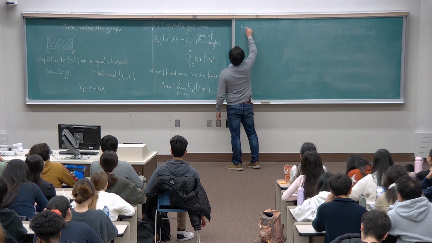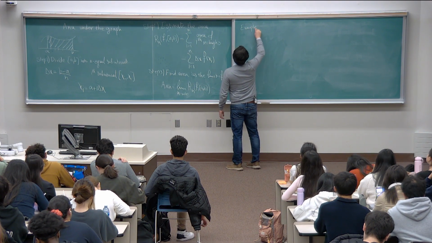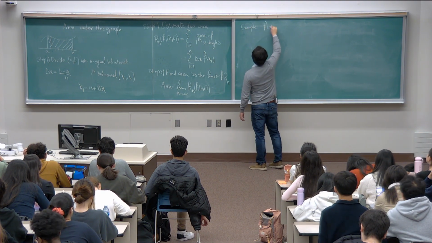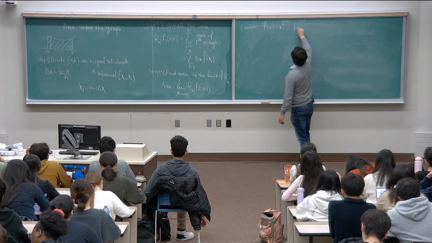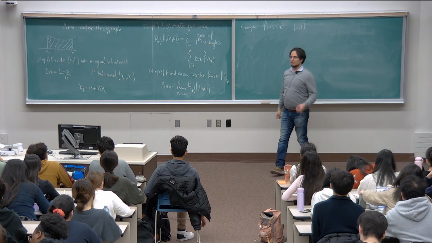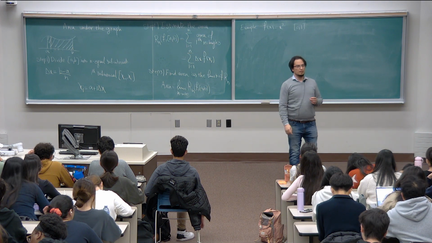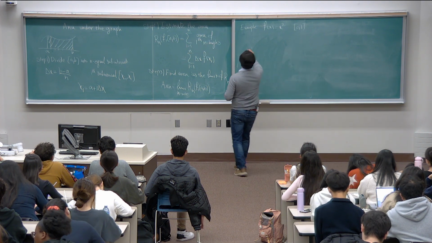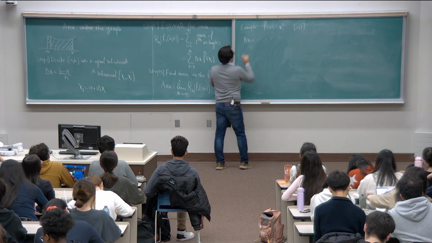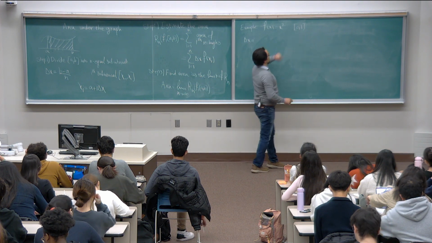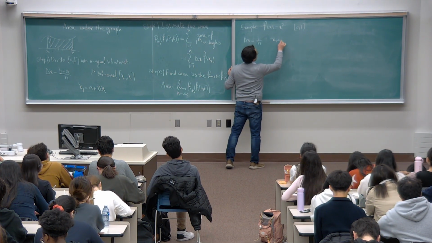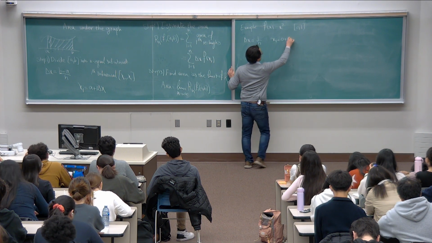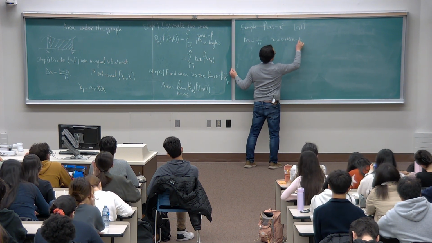We did an example. What was the example? f of x equal to x squared. I wish I had chosen a different interval, but I chose 0, 1. Then quickly, I'll write what we found. Delta x is b minus a, 1 over n. x_i, we learned, is 0 plus i delta x, or i over n.